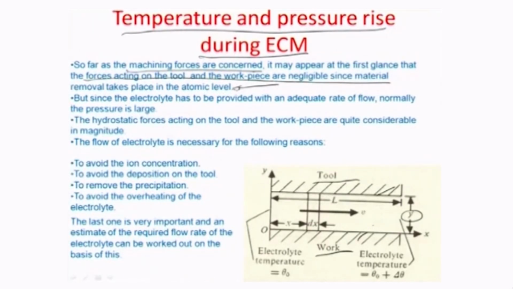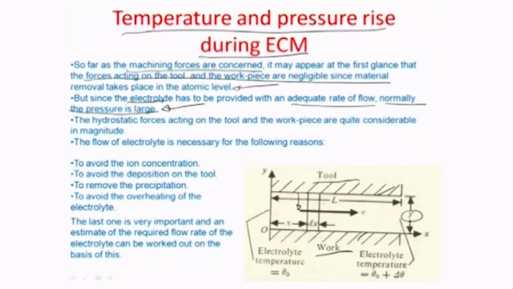So you have to provide this electrolyte with adequate flow rate, and because of the small gap the pressure that is met with is enormously high, and at that level the rate of flow should be such that the amount of heat transferred because of the current density from the tool to the workpiece, and the subsequent removal processes at the workpiece, can be taken care of in terms of the amount of heat stored within the electrolyte as it flows.